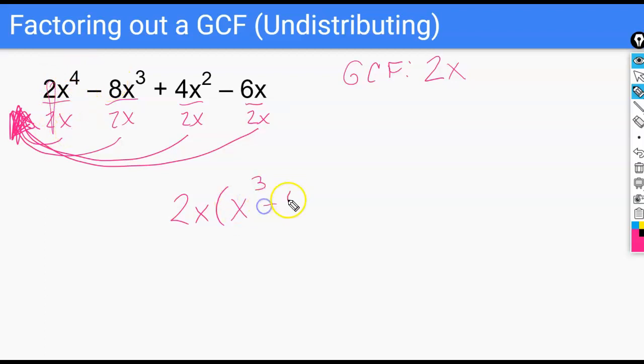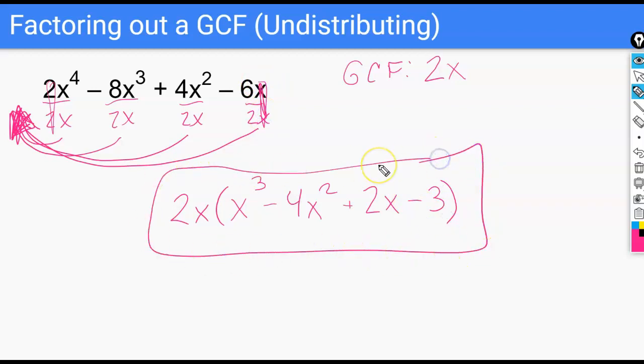Negative 8 divided by 2 is negative 4, and x cubed divided by x is going to be x squared. 4 divided by 2 is 2, x squared divided by x is just x, and negative 6 divided by 2 is negative 3, and the x's just cancel. And so this would be the factored form by taking that greatest common factor back out to the front.